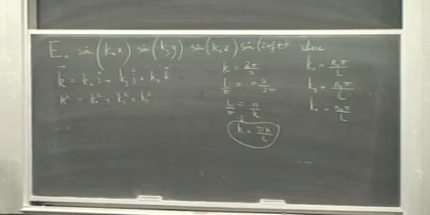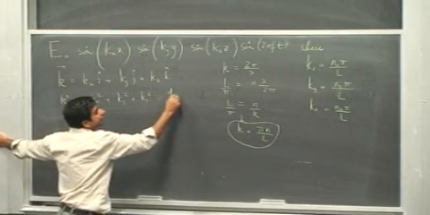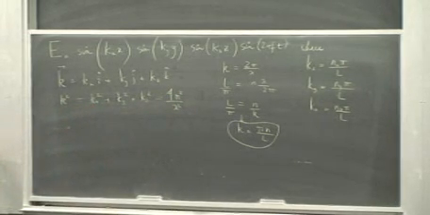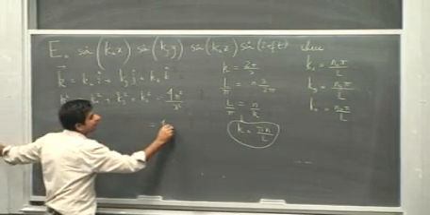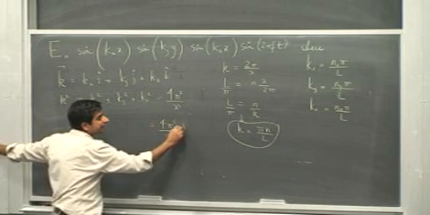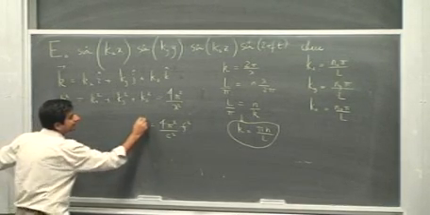Agree? But what is k squared? k squared is 4 pi squared over lambda squared. ठीक है. So we can write this as 4 pi squared, and lambda squared is nothing but c squared over f squared, and this is k squared.